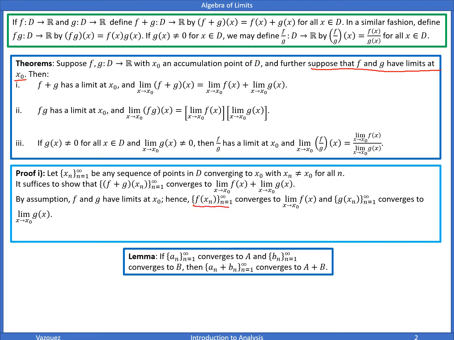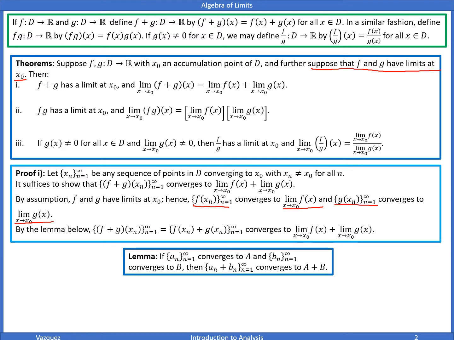Hence, f of x n converges to the limit of f of x as x goes to x naught, and similarly for g, this converges to this. Well, by the lemma below, we have that our theorem holds true. And remember, we showed this here.